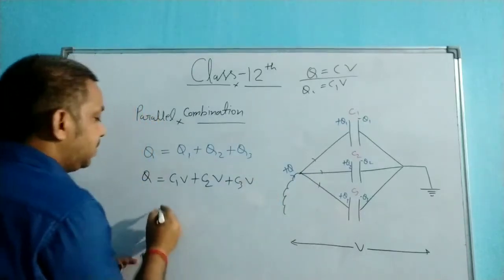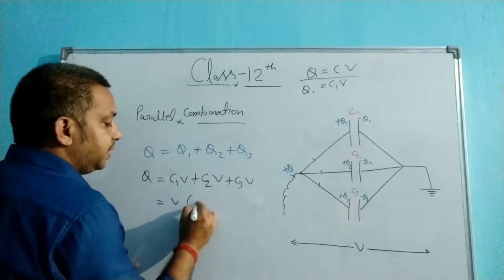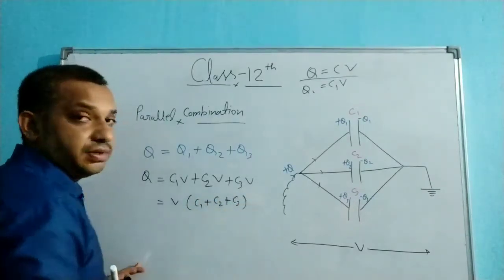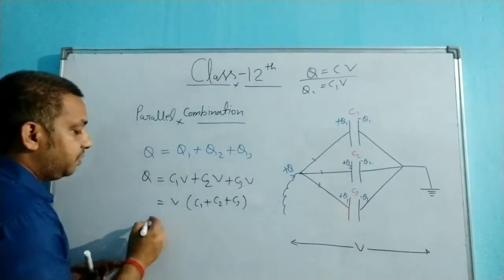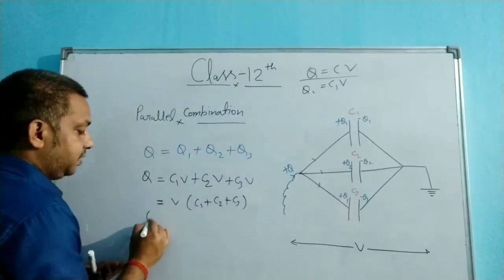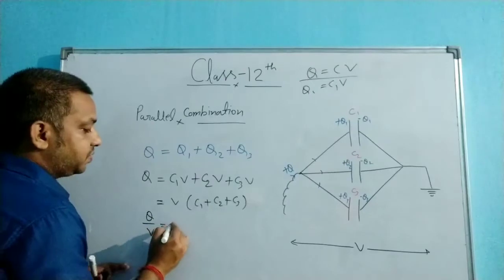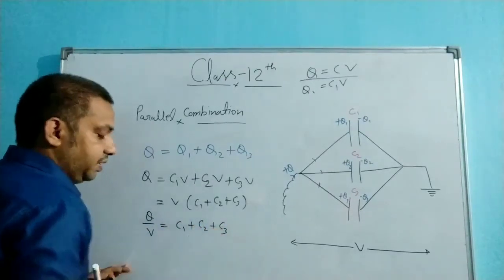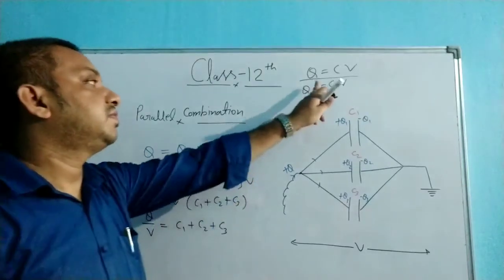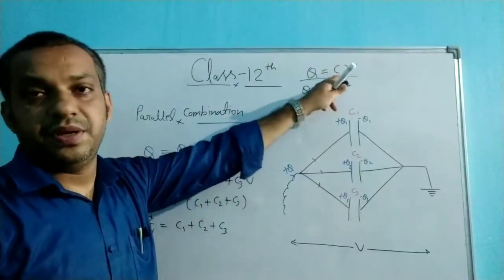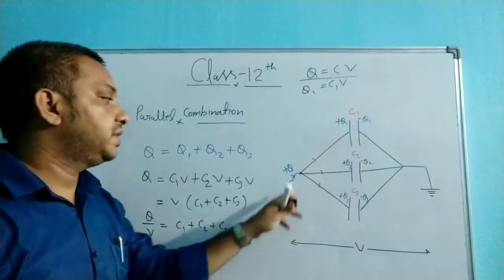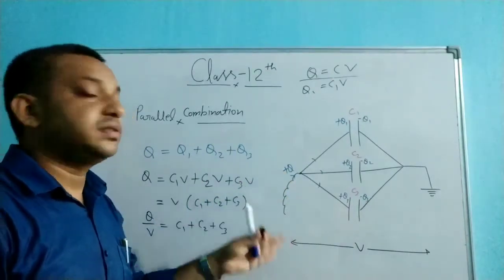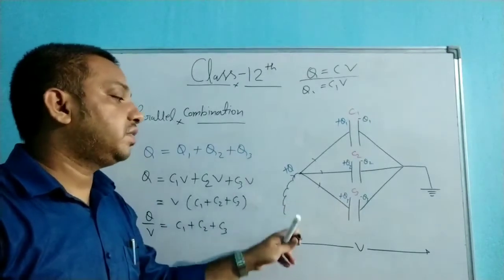Clear? Now the V term is common in the bracket: C1 plus C2 plus C3. Now put the value here. You will write Q by V is equal to C1 plus C2 plus C3. Now from the formula, Q by V is equal to C. Here Q is the total charge supplied by the power source, and V is the total supply.